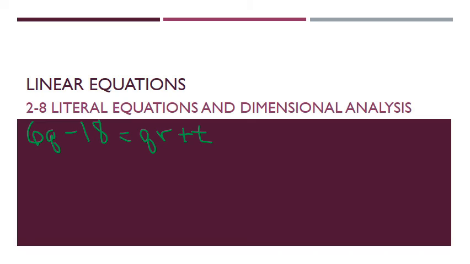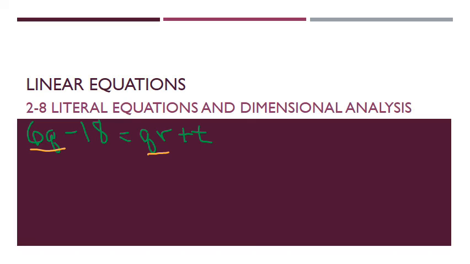All right, so I've got a Q in this expression, and I've got a Q in this expression, although they're not like terms yet, but I do have a Q on both sides.